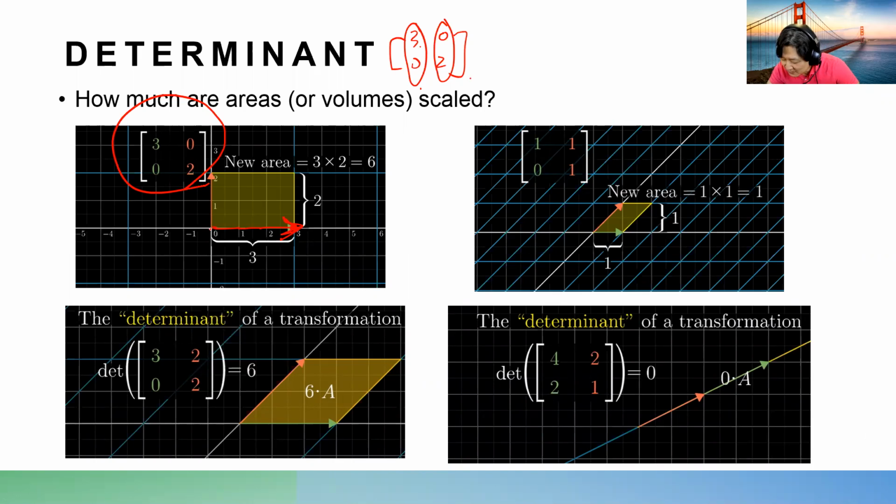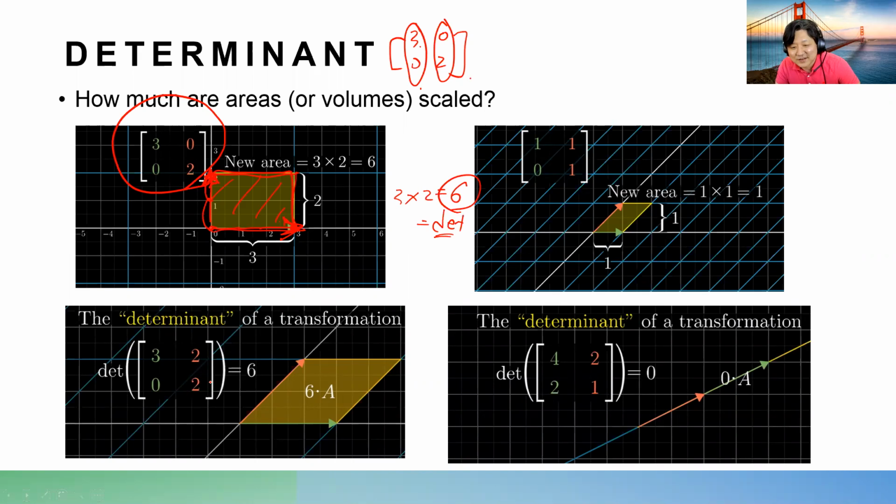The first column vector and second column vector make some area. So geometrically, this is the matrix. What is this area? 3 times 2, 6. This is the determinant.